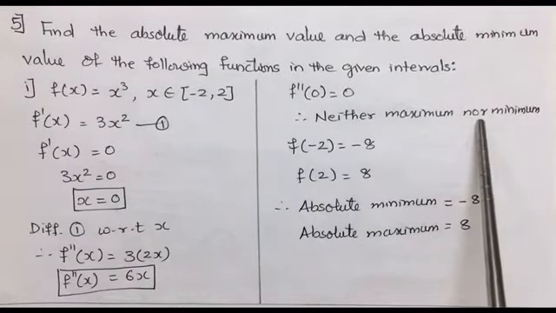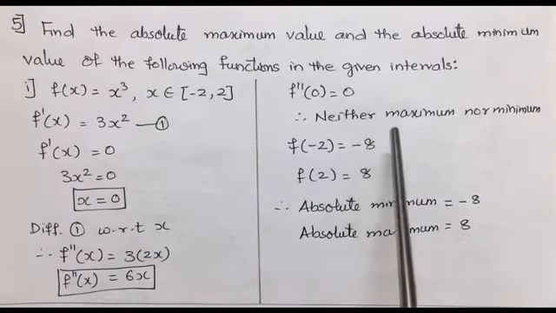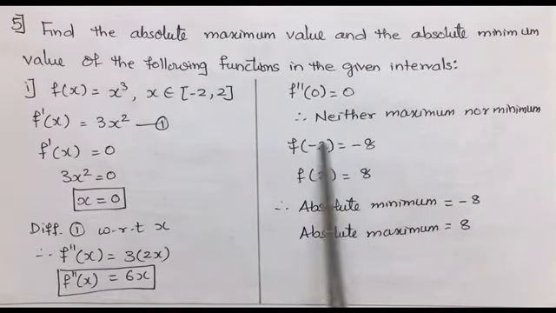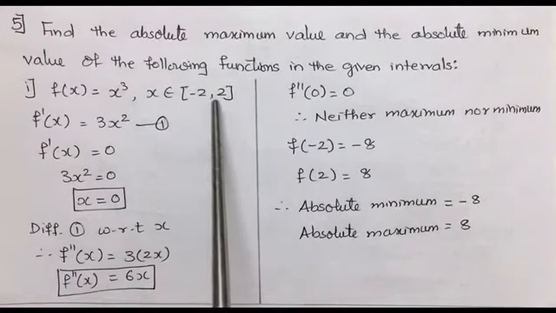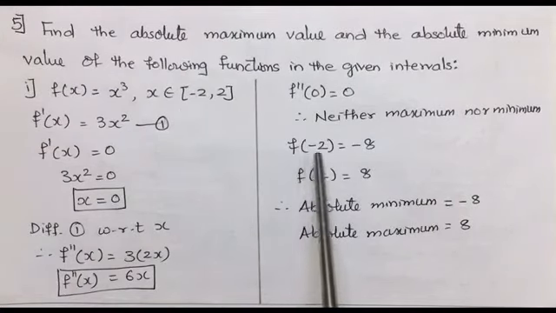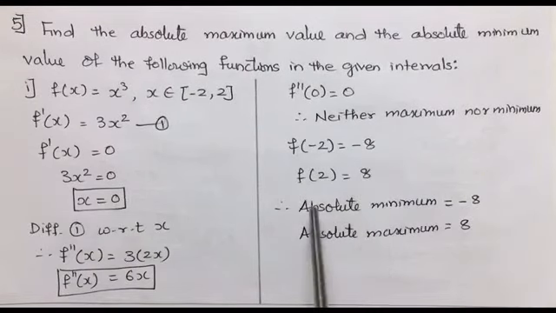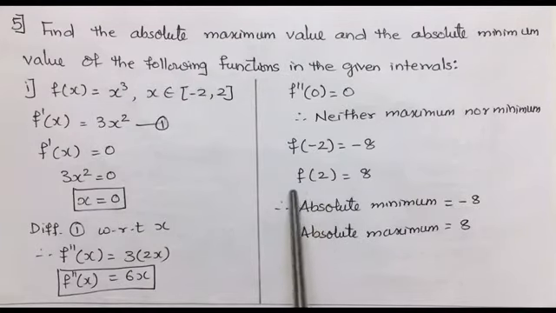maximum nor minimum, but we have to just calculate absolute minimum and absolute maximum by keeping the value of x as minus 2 and 2. So when we keep the value of x as minus 2 in f, we get minus 8, and when we keep x of 2 in f, we get 8.